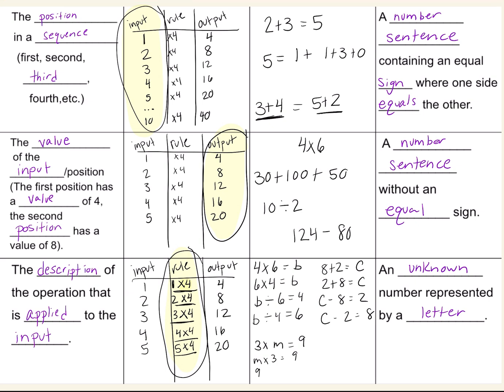I could do 9 divided by M equals 3, and 9 divided by 3 equals M. There's a bunch of different ways you can use this variable. Really, a variable is just that unknown number. It's what you're searching for, what you're looking for in your answer.